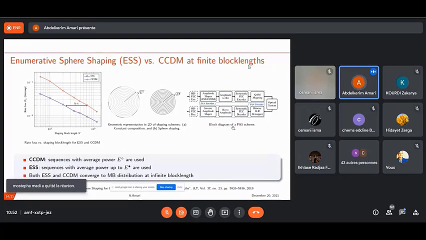Here is the block diagram of the probabilistic amplitude shaping scheme. So we do shaping first, then we apply FEC. And at the receiver side, it's the inverse way. And this is very important because probabilistic shaping is a kind of frame-based approach. So if we have a block length of 1000 amplitudes or symbols, and we have one error, the entire 1000 symbols will be erroneous.